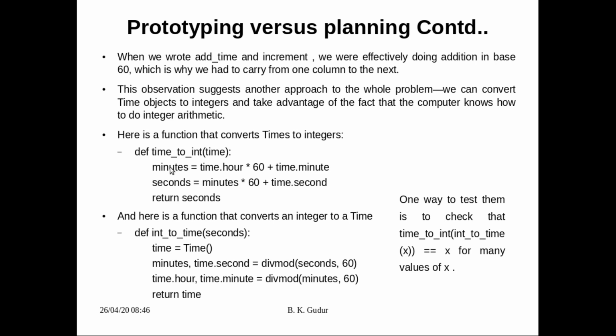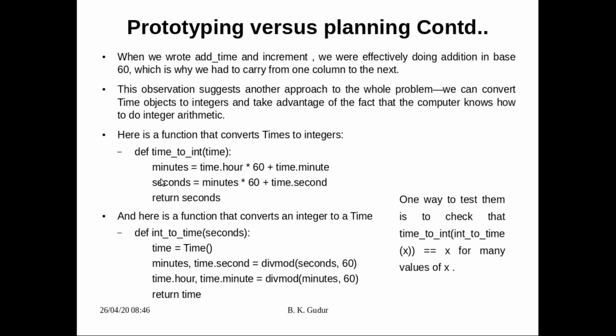How can we do that? minutes is equal to time.hour times 60, meaning we multiply the number of hours by 60 to get the number of minutes, plus the minutes supplied with the time object. Later, seconds is equal to minutes times 60, which gives the number of seconds from the minutes, and to that we add the number of seconds in the time object.